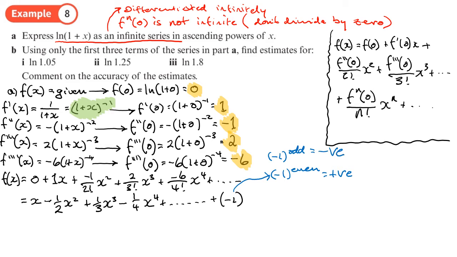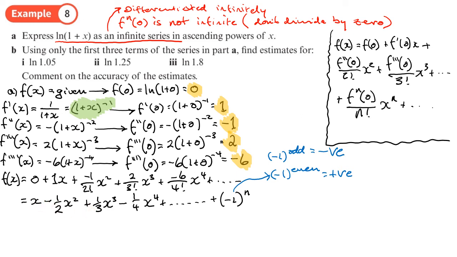Now, if we call the power n, then every time I get to an even power, I'd end up with a positive, and I don't want a positive, I want a negative. And every time I have an odd power, like here and here, I would end up with a negative. I don't want that, I want the opposite.